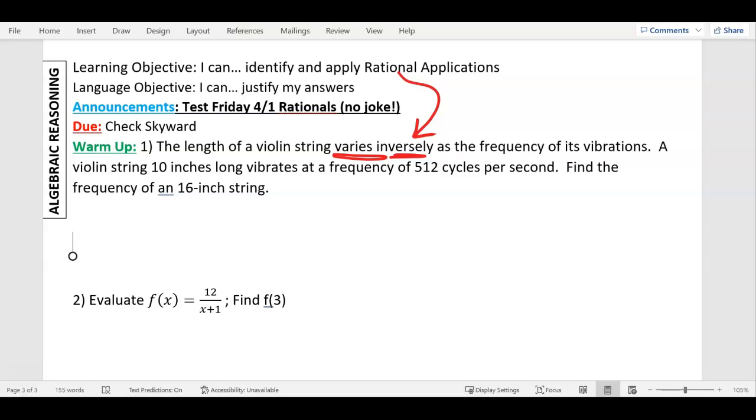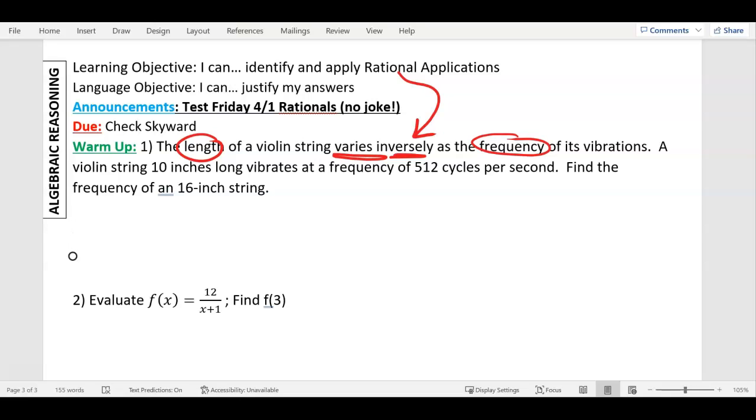So, what are the two things that we're talking about in this problem? It says the length of the violin string. Go ahead, I would circle that. You could do that on your assignment, number one. Length of the violin string, and then as the what? Frequency of the vibration.